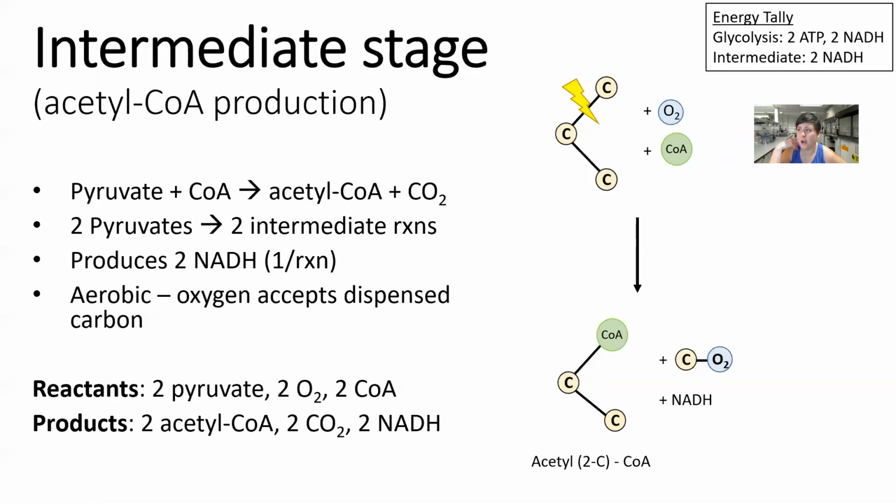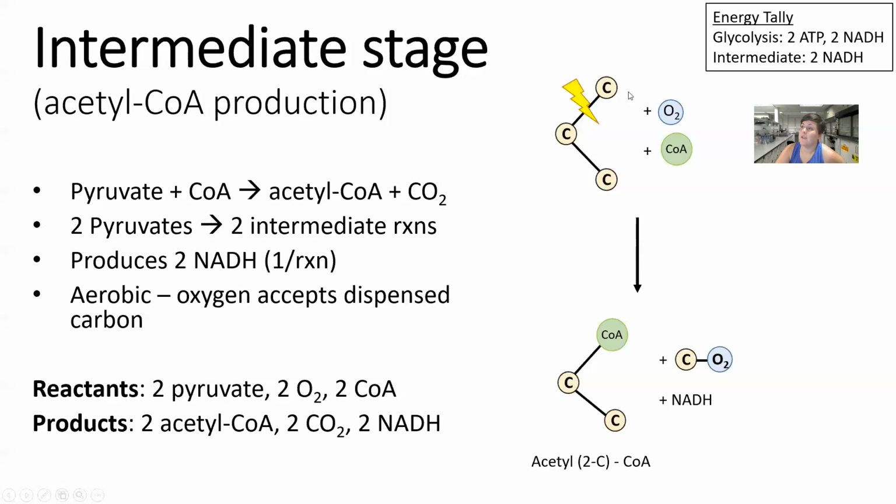So one of the first things that happens in the intermediate stage is we take the product of glycolysis, which was a 3 carbon pyruvate. We break that bond between 2 of the carbons in that 3 carbon molecule. This releases a carbon. You'll notice that this is the first time that we require oxygen. So the intermediate stage does require oxygen. Anytime you see a carbon released, you need an oxygen to bind it up.